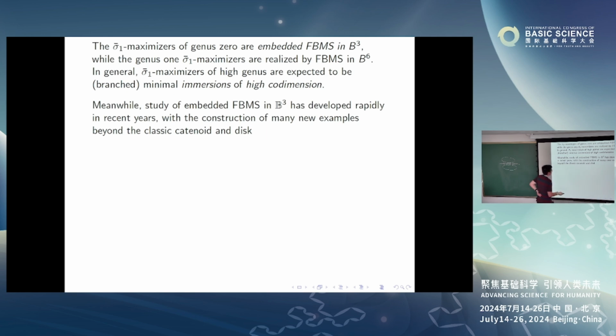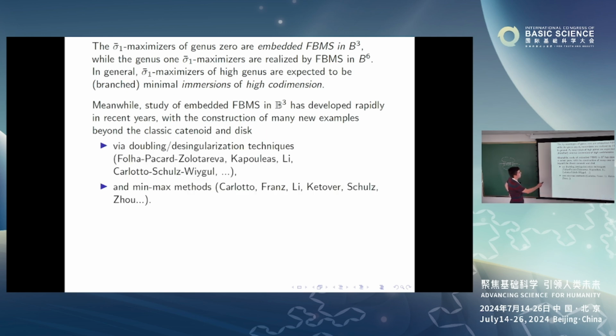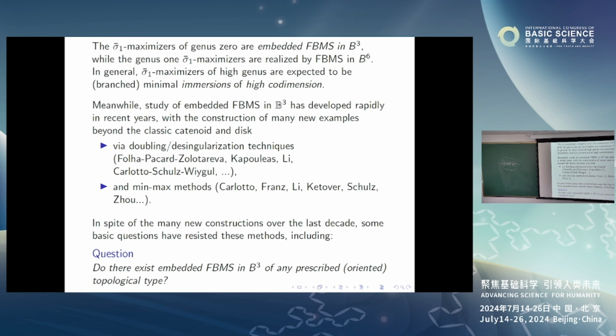And so, for instance, people have used variants of the Kapouleas techniques, these double union desingularization constructions, and various min-max methods to produce lots and lots of examples. But one of the central questions people have been after that's been hard to pin down with either of these techniques is whether you can do any prescribed oriented topological type. So an analog of what Lawson first showed in S3, that you can realize any genus by an embedded minimal surface.